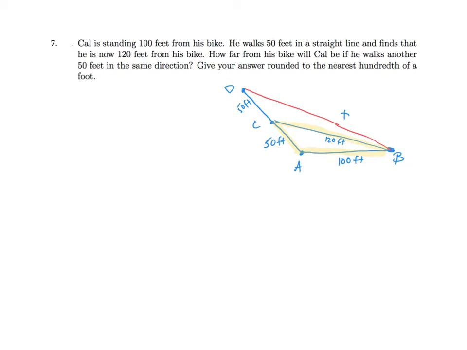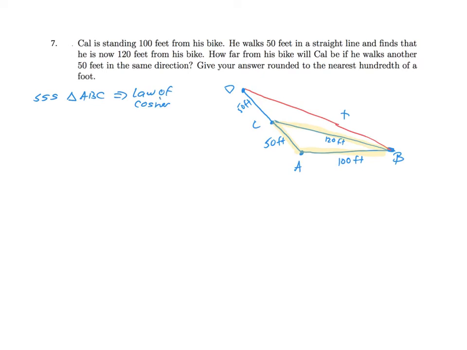And angle A might be a good angle for us to find, because then we can move from triangle ABC to the whole outer triangle ADB, and that will help us find X. So that's kind of just a general plan. So I know that we have a side-side-side situation with triangle ABC, which means we can use the law of cosines to find angle A.